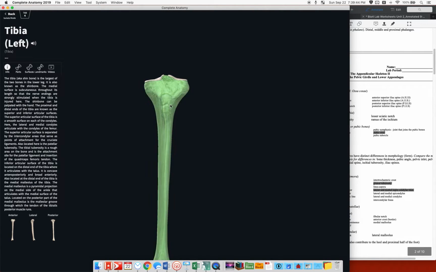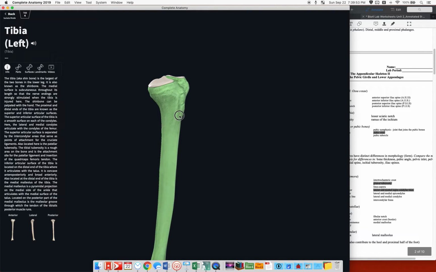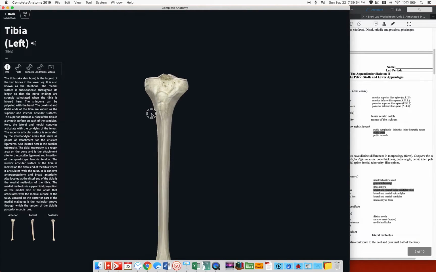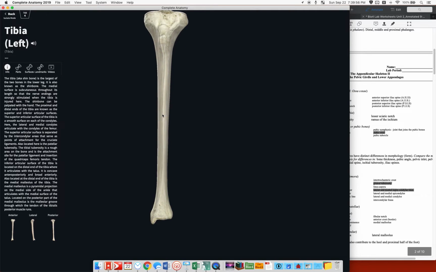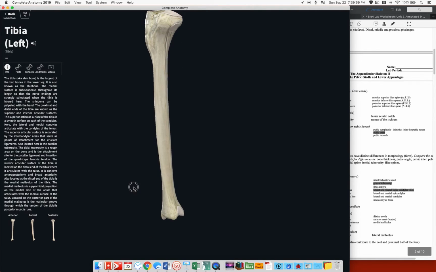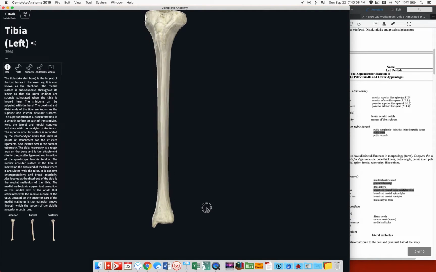The intercondylar eminence is right here. Tibial tuberosity, right here. The fibular notch is located on its distal end, the surface that allows it to articulate with the fibula. Then this is the anterior crest, of course. And then this is the medial malleolus.